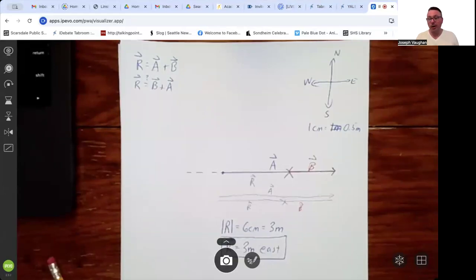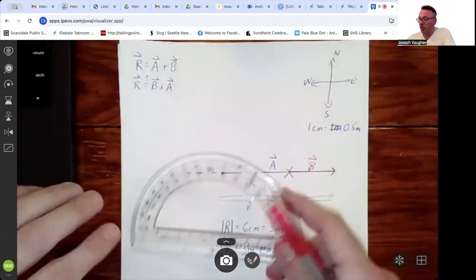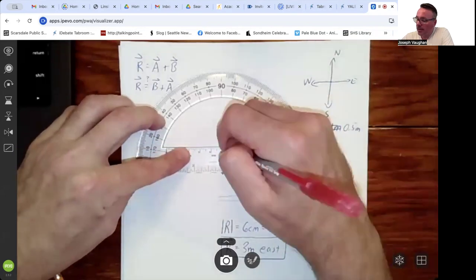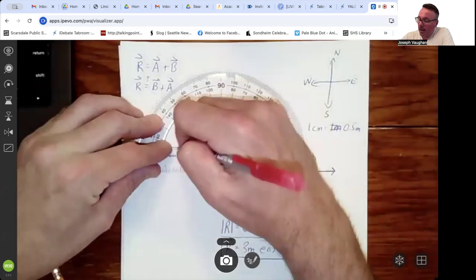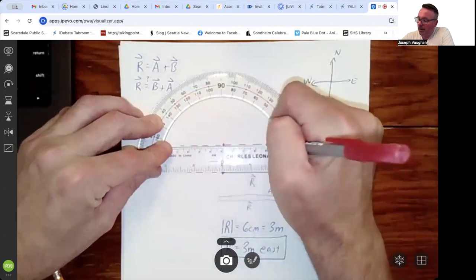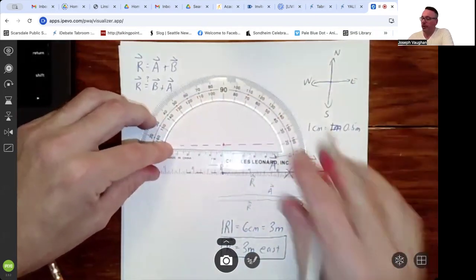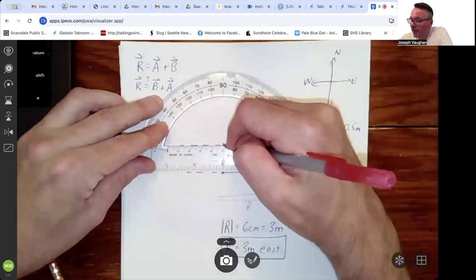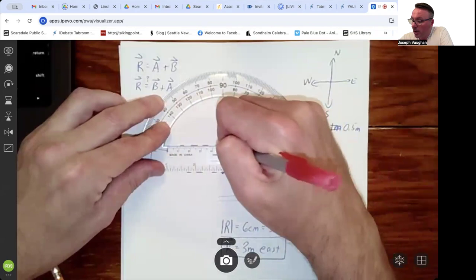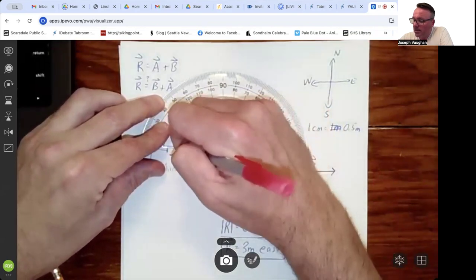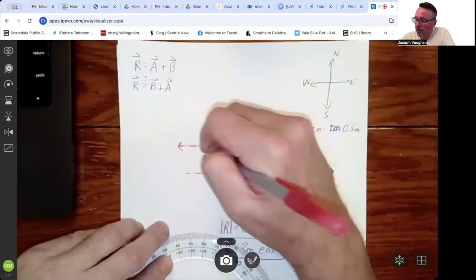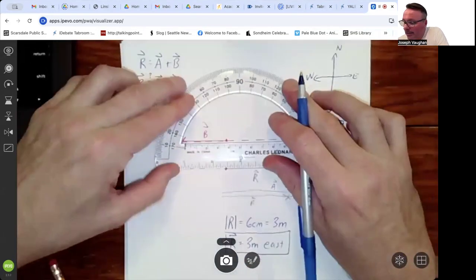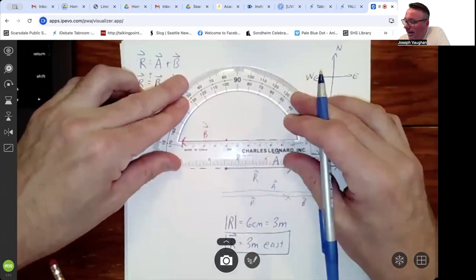And we're just going to do a quick picture to see if it is. So what I'm going to do here is on the same area, I'm just going to float my start point up there. And we're going to draw vector B first and then vector A. So here we go. So vector B is 2 meters west, or 4 centimeters west. Okay, there we go. That's B. And then we're going to draw A, which is 10 centimeters long going east, or to the right.